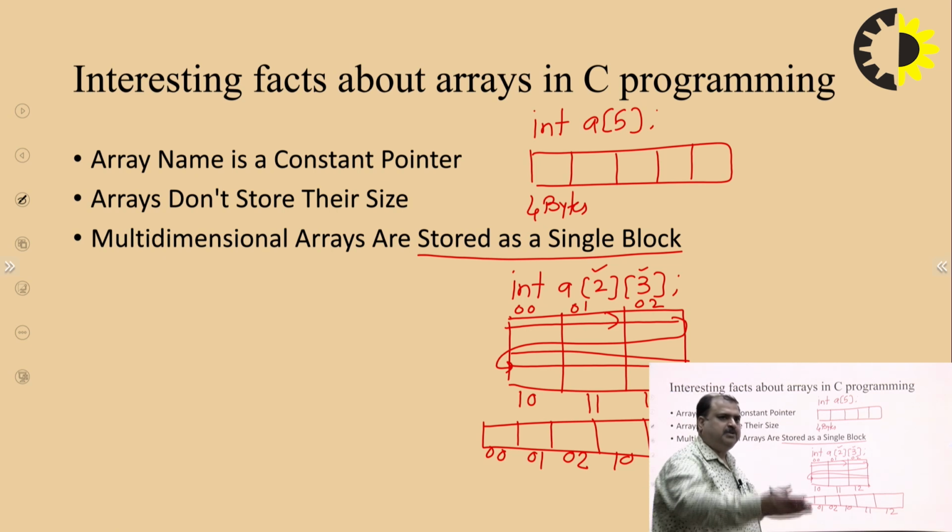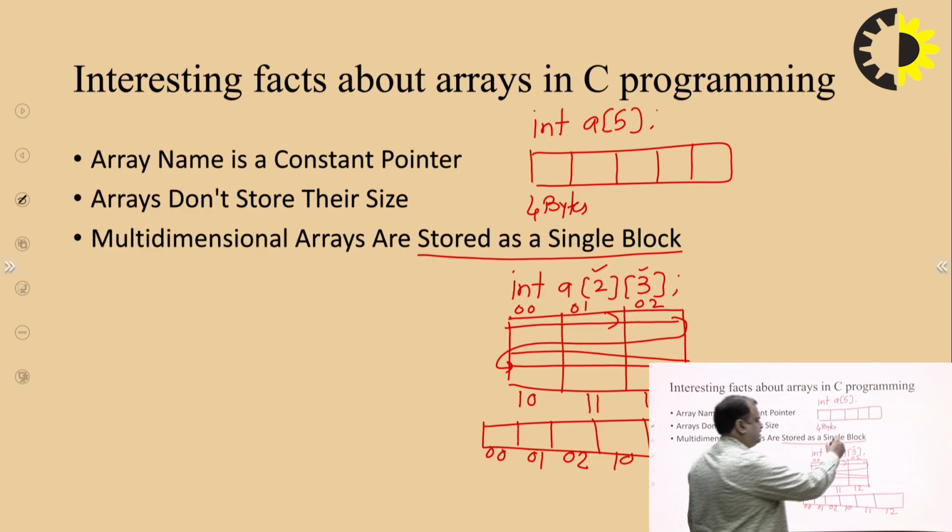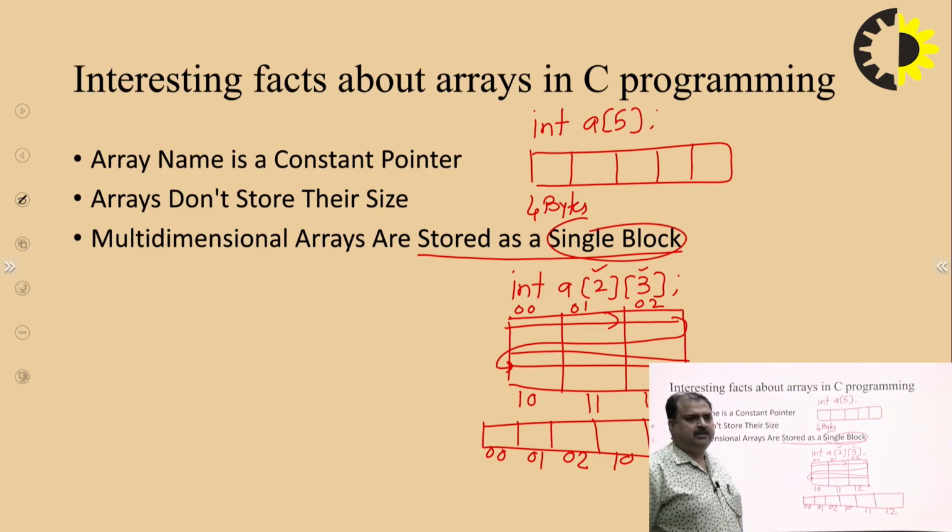In memory it will be stored in a contiguous memory location as a single block rather than in the form of a table, because in memory it cannot be stored like a table. So memory will definitely be allocated in contiguous memory blocks, but we are having 2 indexes, one for row, one for column.